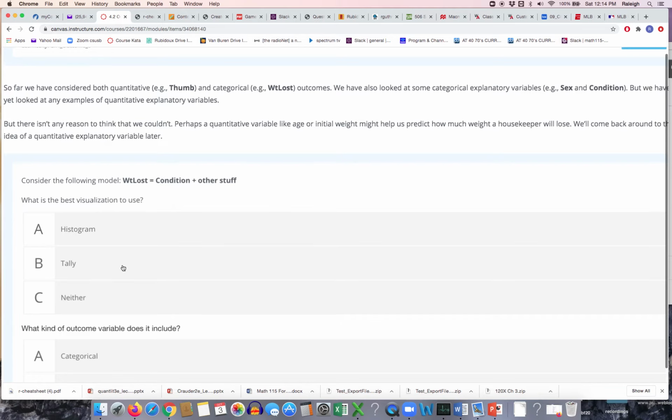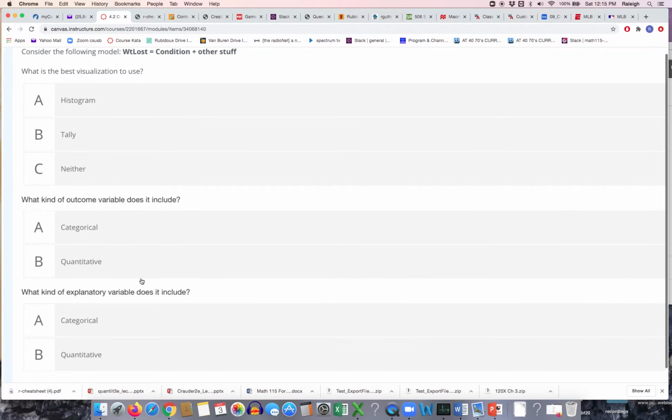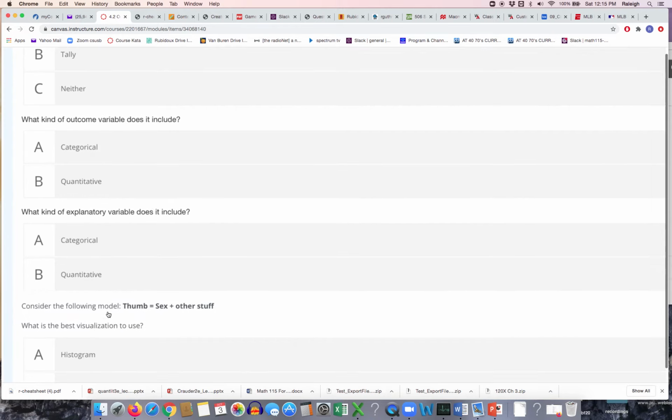I'd say proportion is probably the best, but they didn't ask that question. What outcome variable does this include? I would say categorical, because that's what we're doing, categorizing these things. And that's the Y variable, the outcome. The explanatory, which sounds like an X, that's going to be categorical as well. So really we're talking about 2 categorical situations right here.